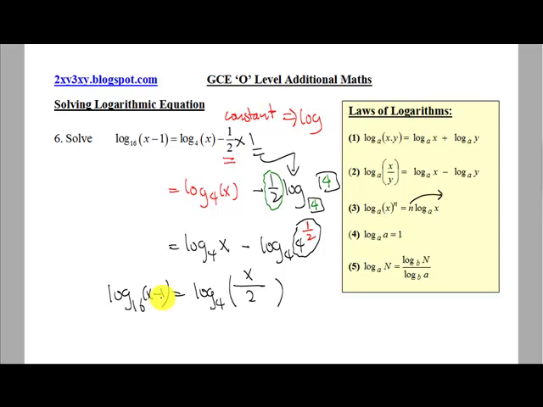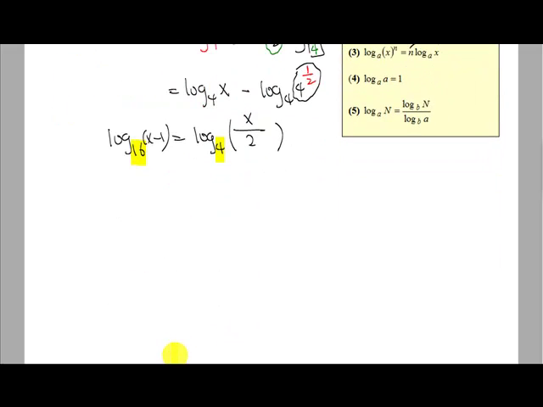So again, can we say that x minus 1 is equal to x divided by 2? No. Why? Because their base is not the same. So we have to change the base to be the same again. And between 4 and 16, 4 is a smaller number.